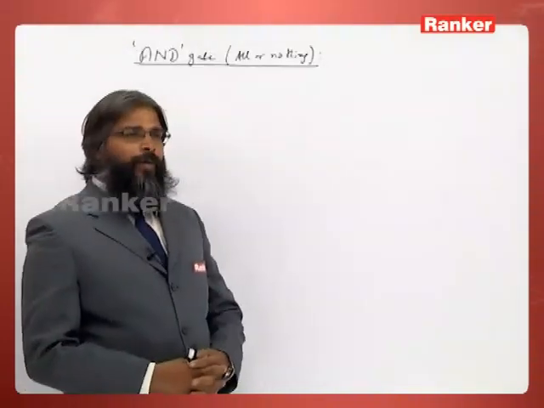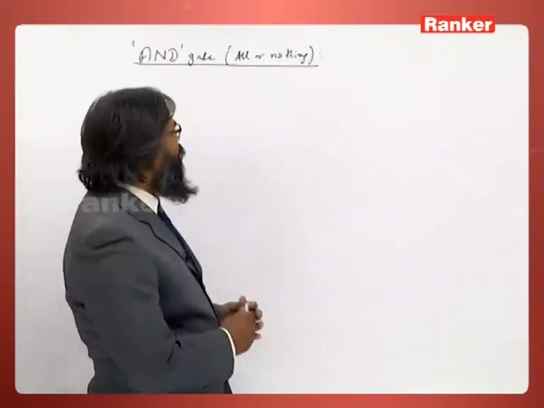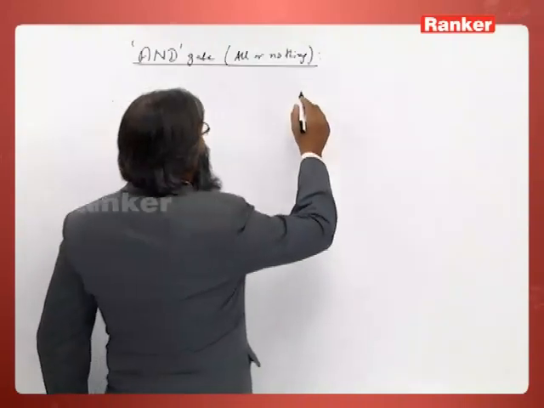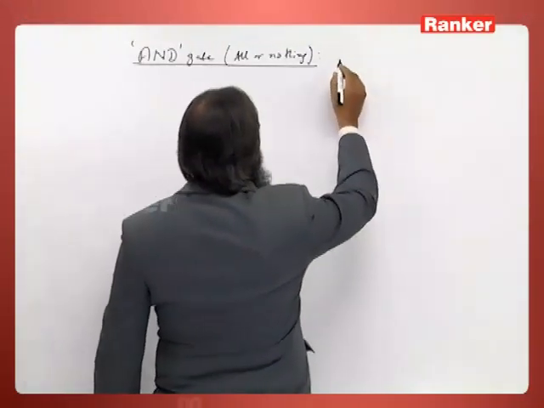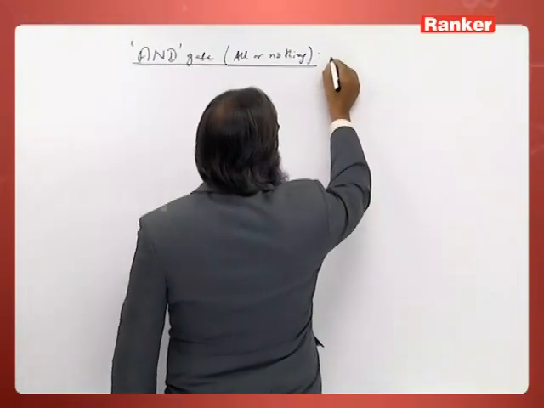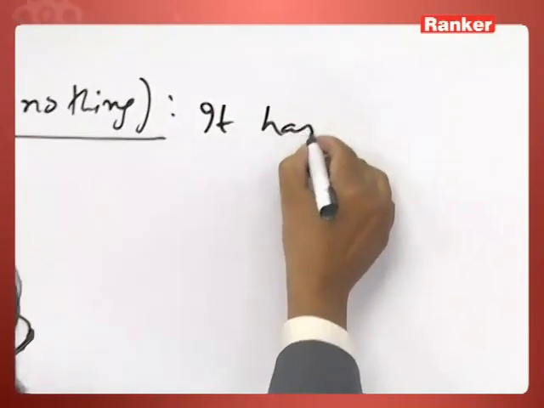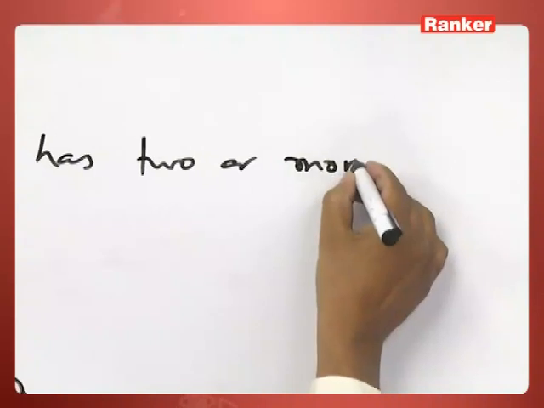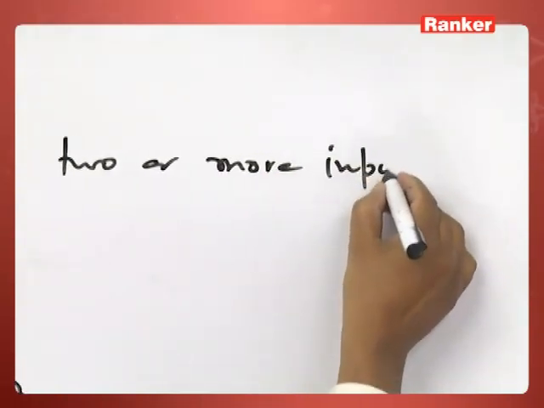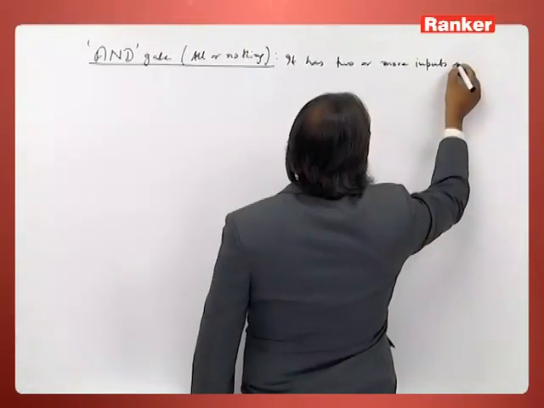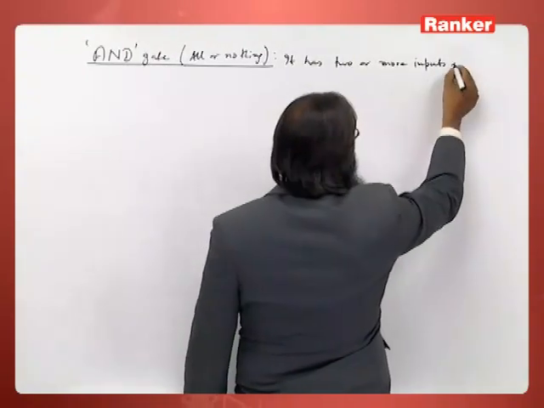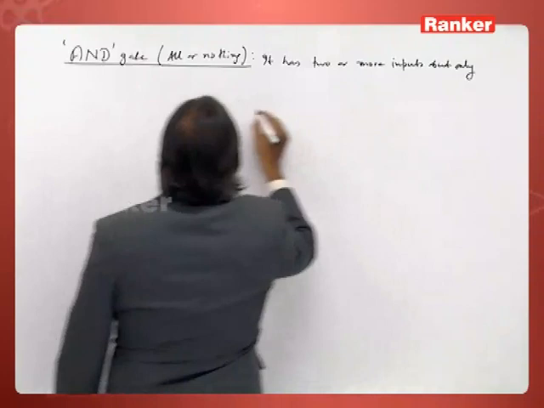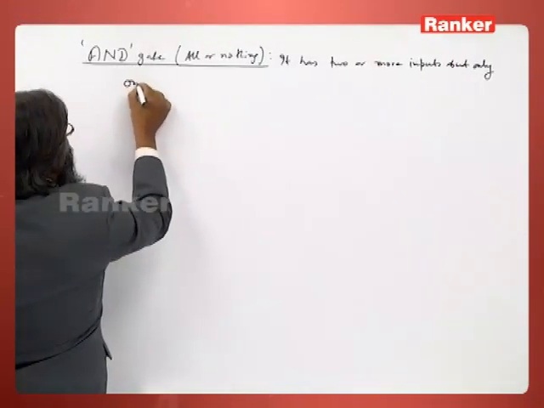Let us see the operation of an AND gate. The AND gate is also called the all-or-nothing, all-or-none gate. So it has two or more inputs, just like the OR gate, but only one output.